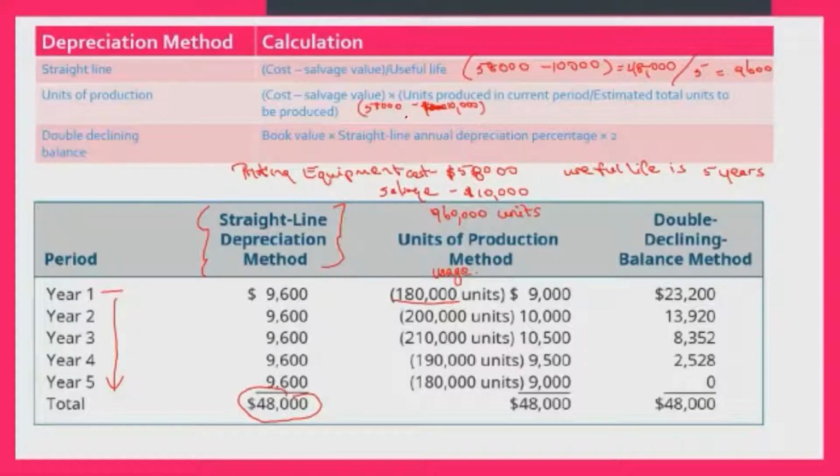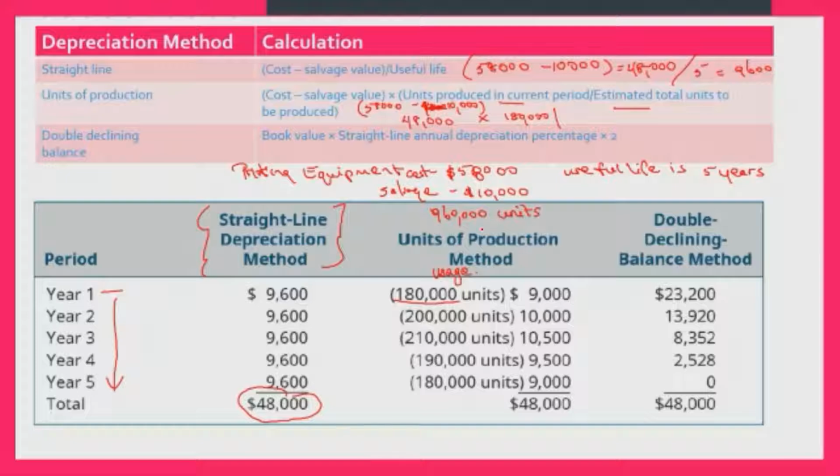So we have here 48,000. Now we need to multiply this by the units produced, 180,000, right? 180,000 divided by the estimated units, total units to be produced. We were not given, in this situation, the estimated, we are given the units produced.